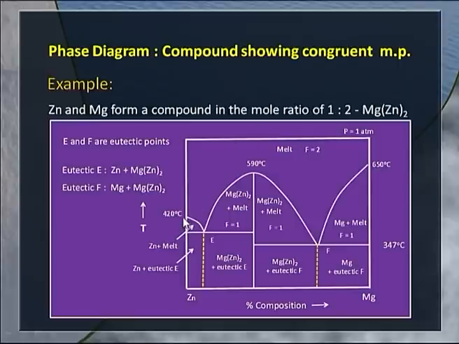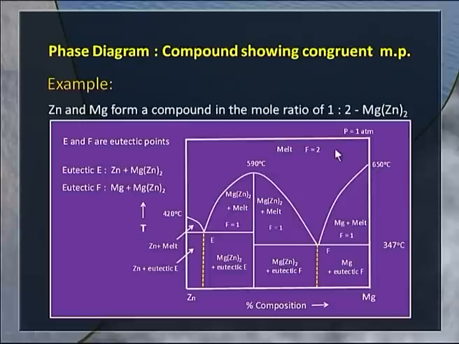Similarly, if you start from the melting point of zinc and move along downwards and follow the line, below this line you have the system entirely in the solid state. Between these two we have the equilibrium between various solids that are present in the system and the melt.